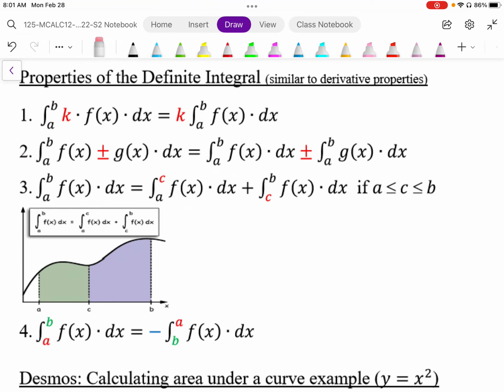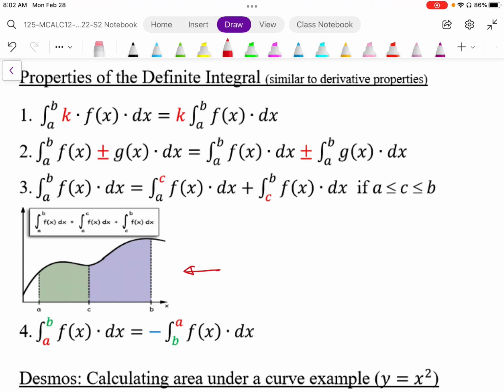So when we add those two integrals together, they are going to be equivalent, as long as c is somewhere in between a and b. This picture is explaining number 3.